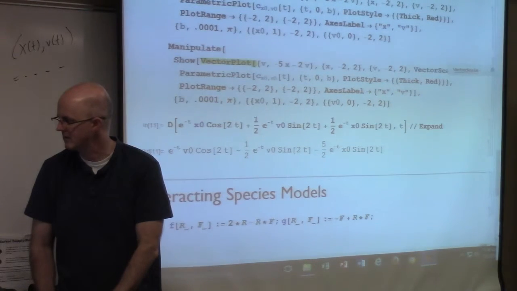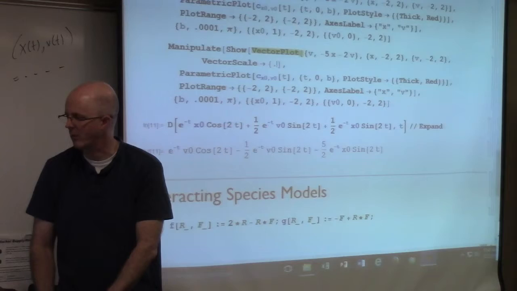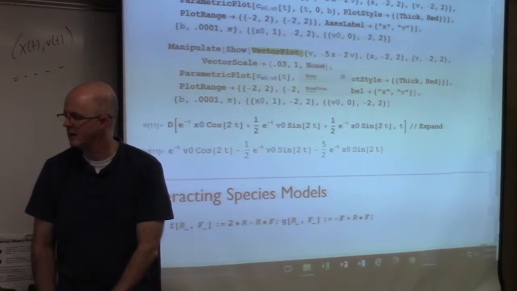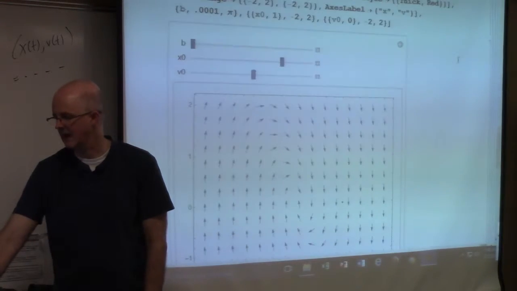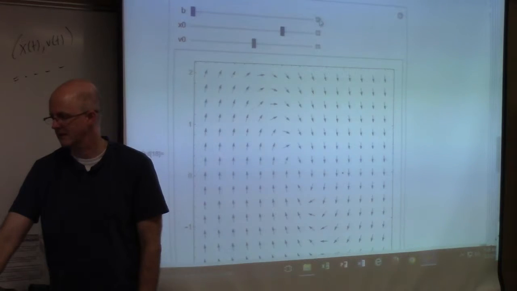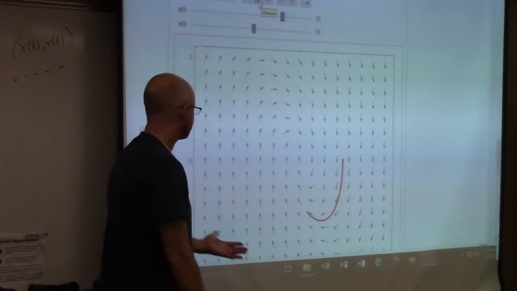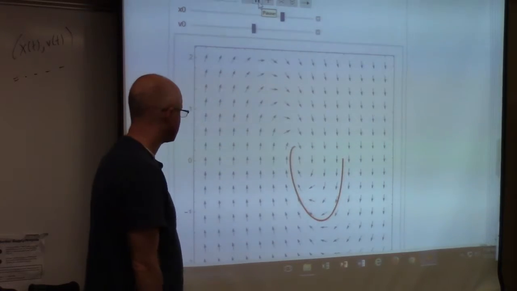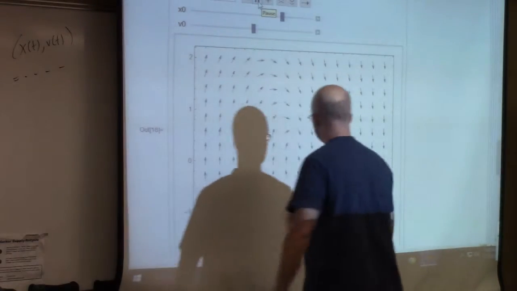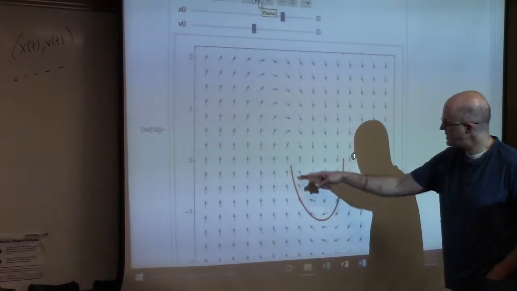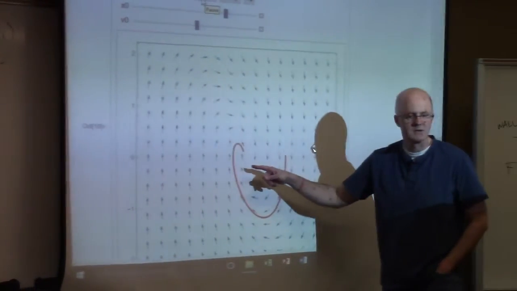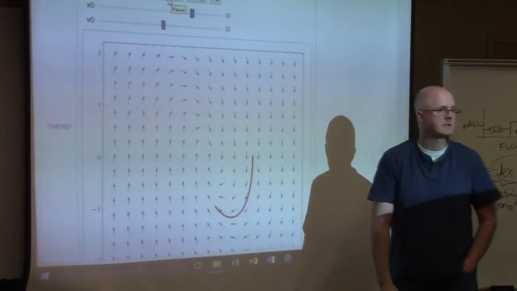VectorScale -> {Automatic, None, 0.03}, should work. Yeah, that's making them all the same length. So we see the directional information better, though we lose the speed information. The vectors are getting shorter as this heads toward the origin because it's slowing down. You see the curve slowing down.